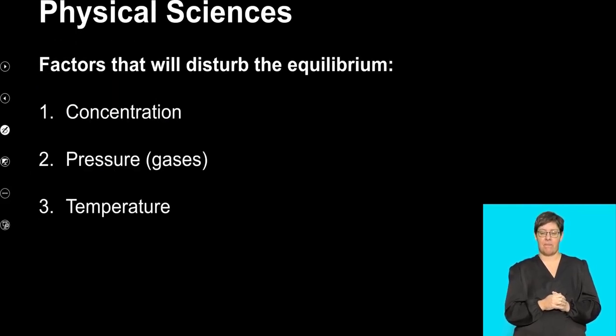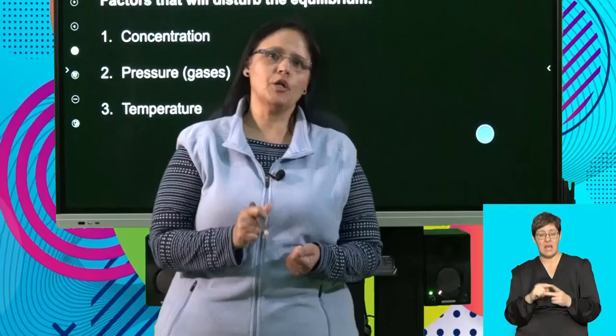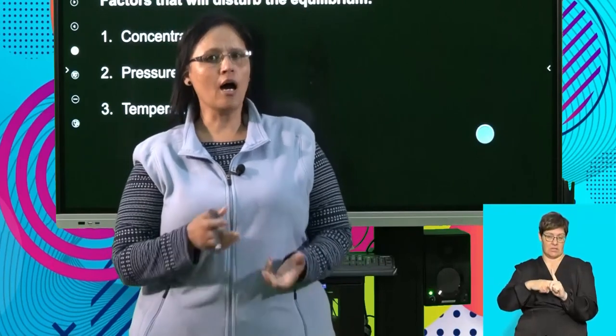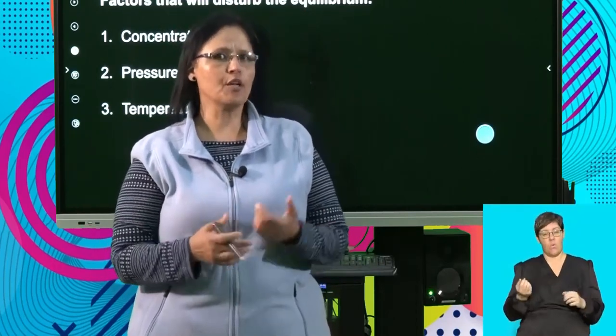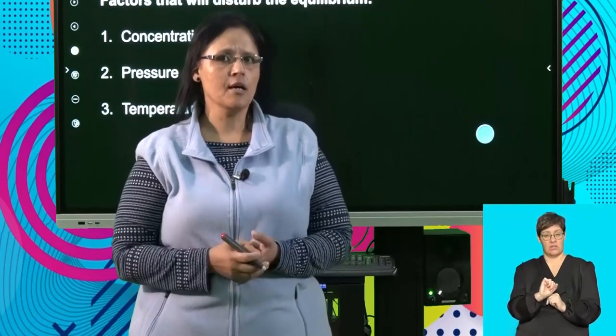The factors that will disturb equilibrium, we've learned about them according to Le Chatelier. We've got concentration, we have pressure in the case of gases, and then we will look at the change in temperature, how that will affect the concentrations and how it will affect the concentration time graphs.